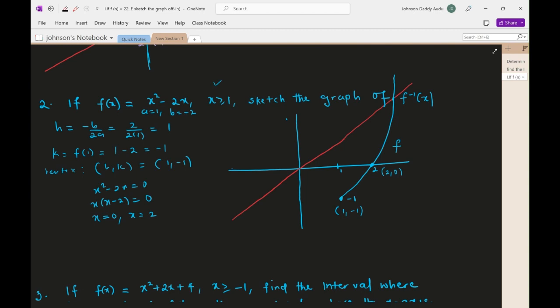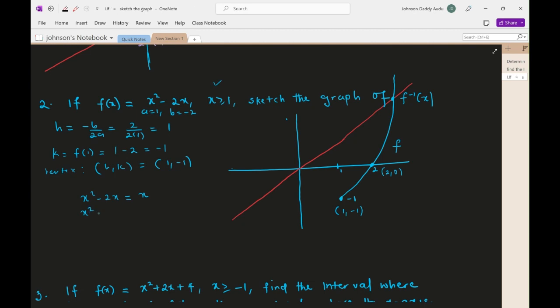And as you can see, we can have a point here. You see this point? We can calculate the exact point if you want to know. How do you do that? It's just where the curve and the line meet. So we can say, where is x squared minus 2x equal to x, right?